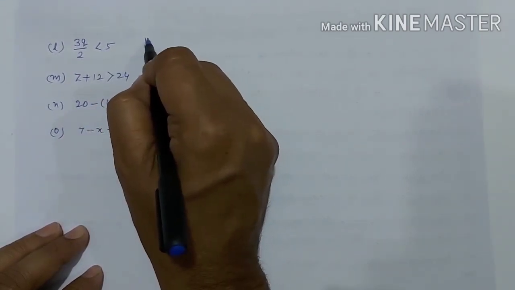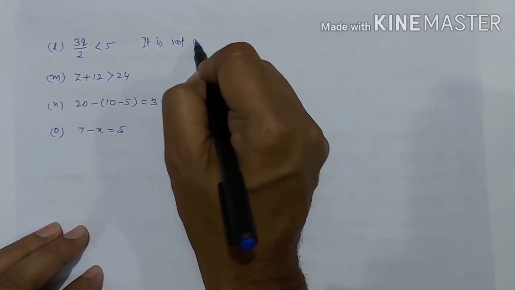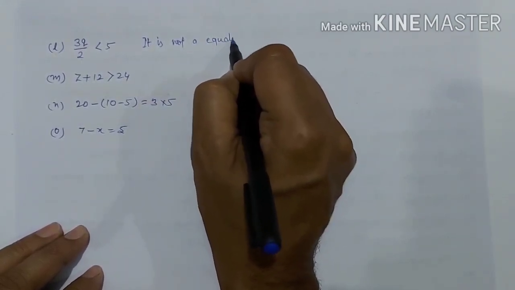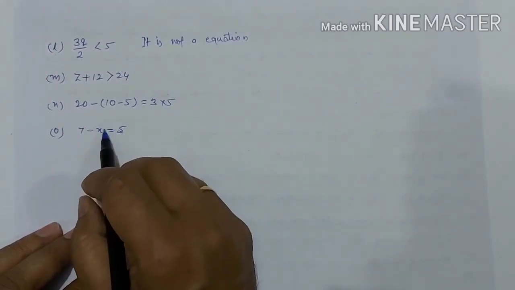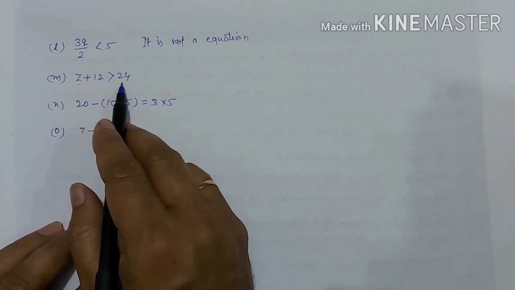Next, 2q/2 and 3q/2 with greater than or less than 5, so it is not an equation. Okay, z + 12 > 20.